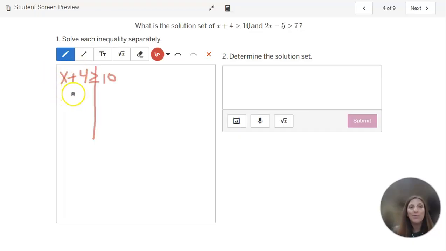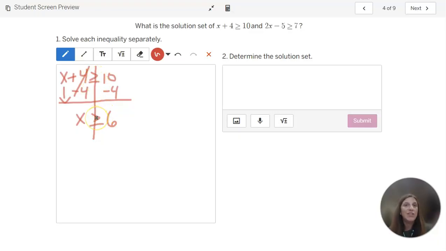So we have to get rid of plus 4. The opposite of adding 4 is subtracting 4, so we will do that to both sides. 4 minus 4 is 0. We're going to bring that x straight down. We're going to bring our inequality symbol down, and 10 minus 4 is 6. Remember from last year, the only time that you ever change that inequality symbol is if you multiply or divide by a negative number on both sides.